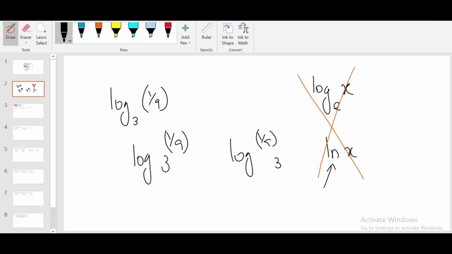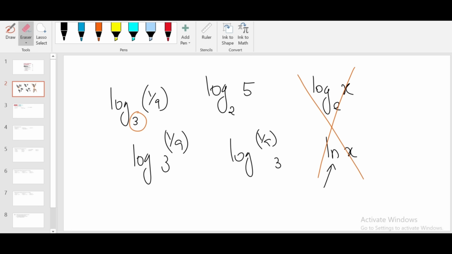The base, you put it below as a smaller number. It's just log 5 to the base 2. That's how you say it also, log 5 to the base 2. Don't say log 2 5 or log 5 2. It's log 5 to the base 2.